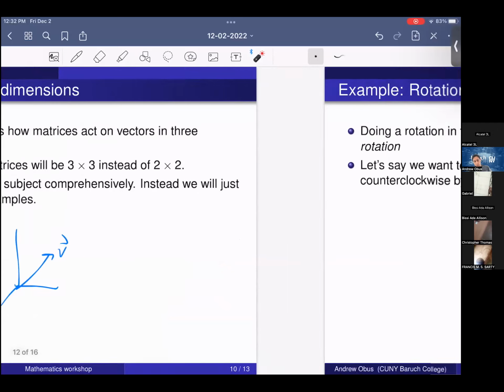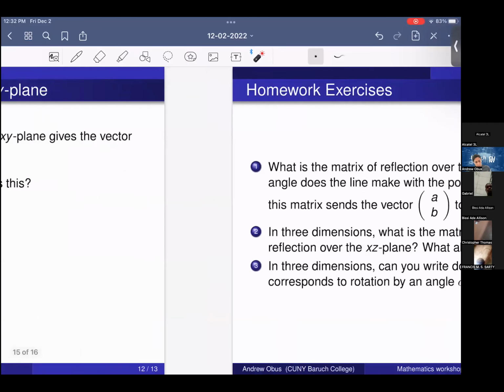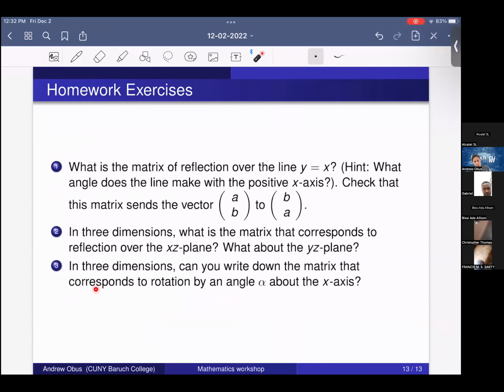Okay, so there will be homework, but don't pay too much attention to these homework exercises, because I'm going to change up the homework exercises. I'm going to give different exercises. In particular, we're not going to be doing these 2 exercises for homework this week. I'm going to give new homework exercises when I send out the notes to the group.